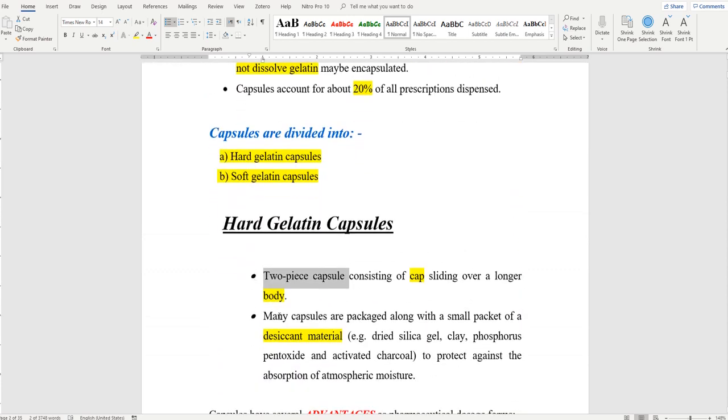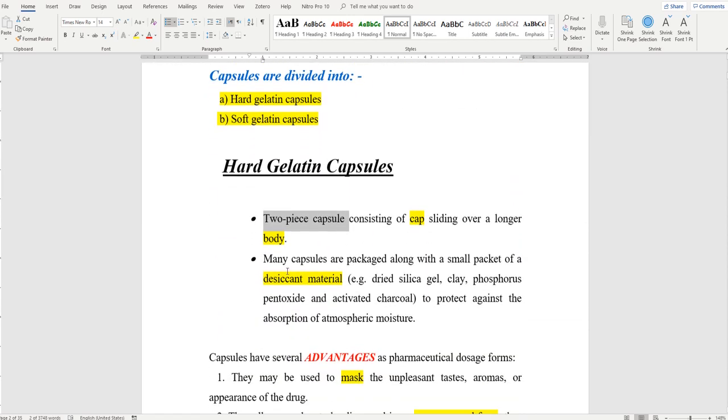Okay. Another thing is that many capsules are contained inside a bottle. Sometimes you buy capsules and these capsules are inside the bottle. This is the case especially for soft gelatin capsules, because hard gelatin capsules will be mainly packaged in strip packaging or blister packaging.